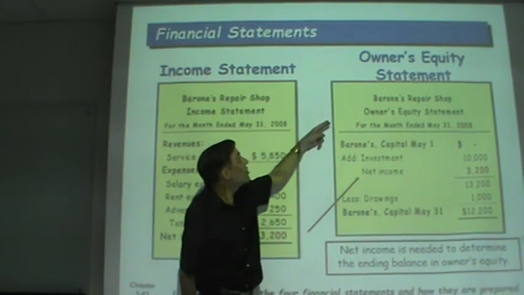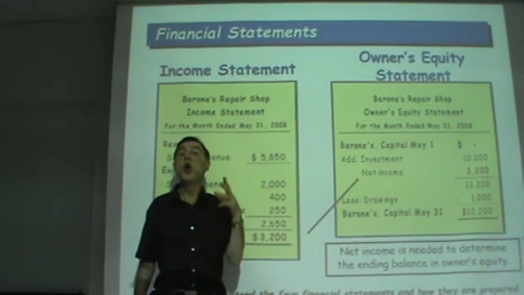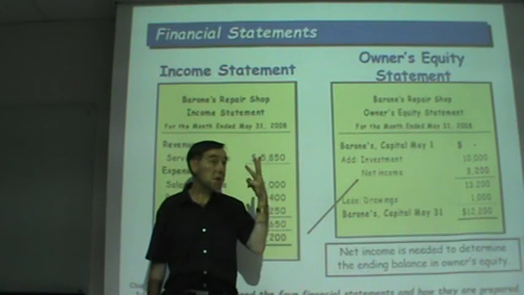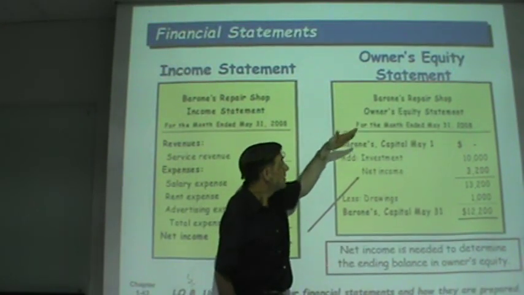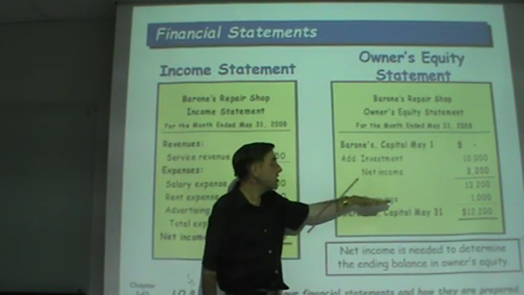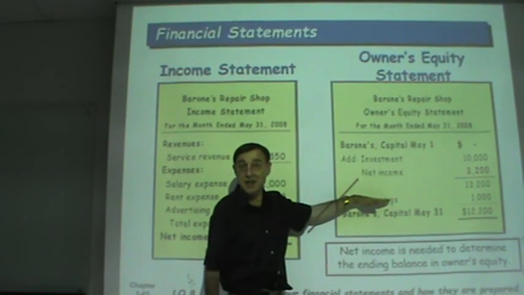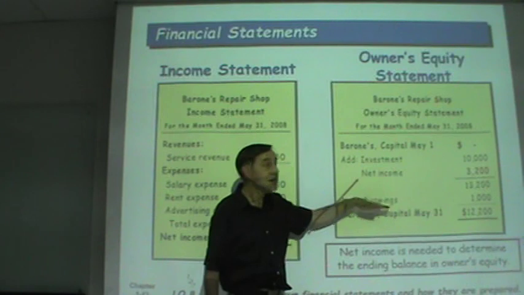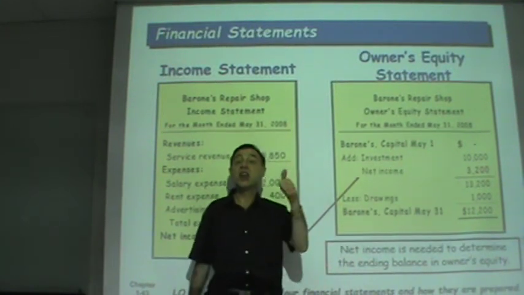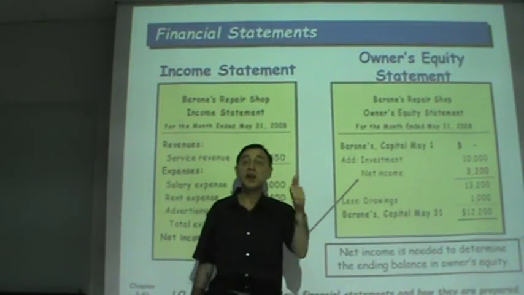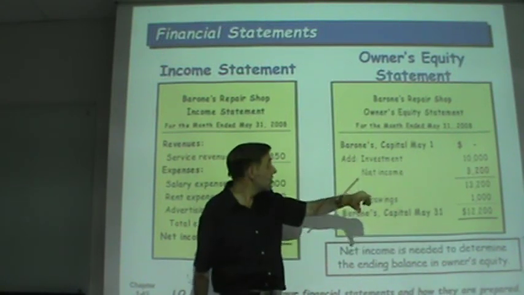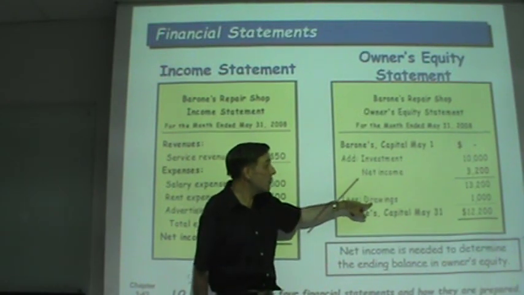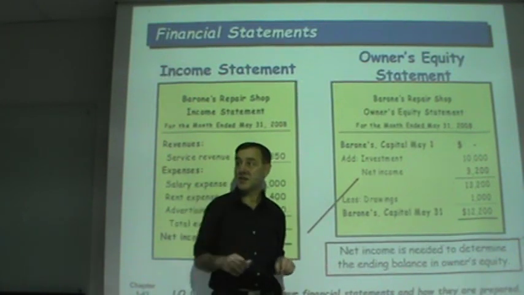And what do you have for owner's equity? Owner's equity's got three parts: investment, net income, and drawings. Drawings as in dividends. Investment increases, net income increases, or if it's a net loss, decreases, and drawings decrease.